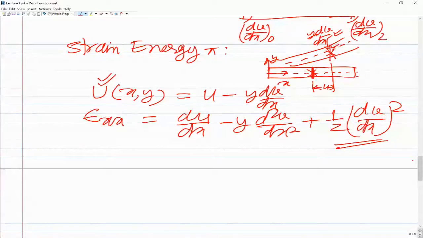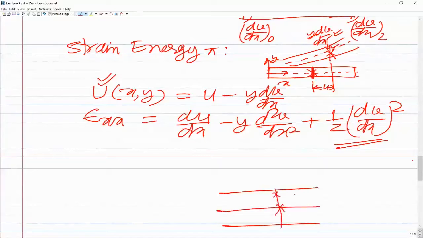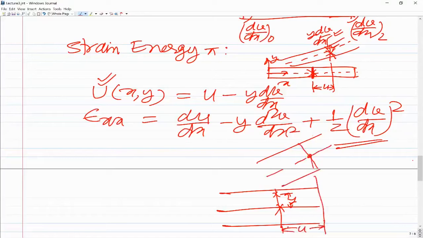So then if I take this point here, let me sketch a bigger diagram. Originally I am talking of this point and some point here which is at a distance y. Then this has gone like this, the normal has rotated like this, and this is the center line. So this point along the x direction has got displaced by an amount u, and then additionally, this point has gone actually here.